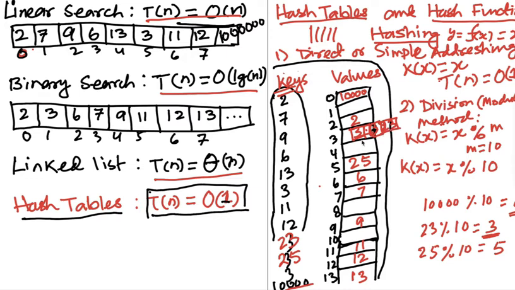Or we can use a different kind of hash function, so that we can look for the next unused memory space, like this one, or this one.